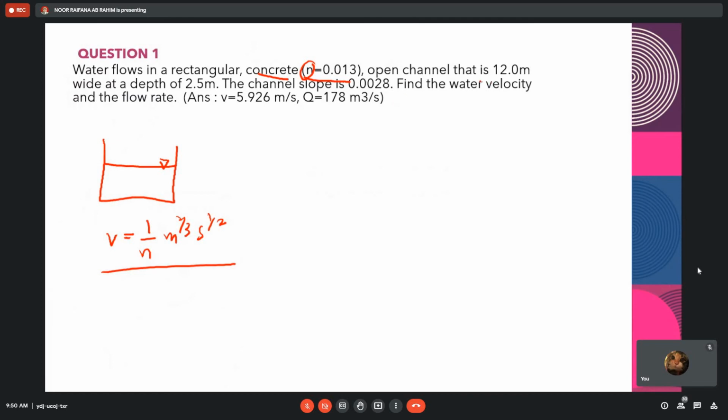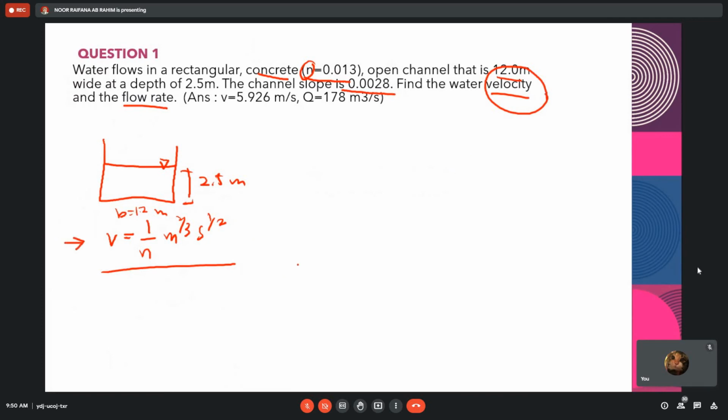So and then dia bagi lagi the width B 12 meter and then the depth is 2.5 meter. So the channel slope, this one is the I, 0.028 and then find the water velocity and the flow rate. So nak cari velocity using Manning's mesti pakai equation ni.